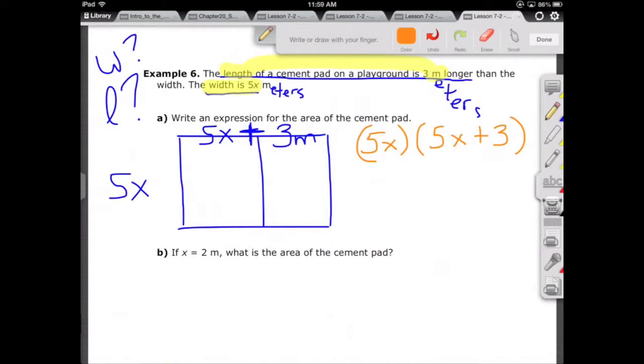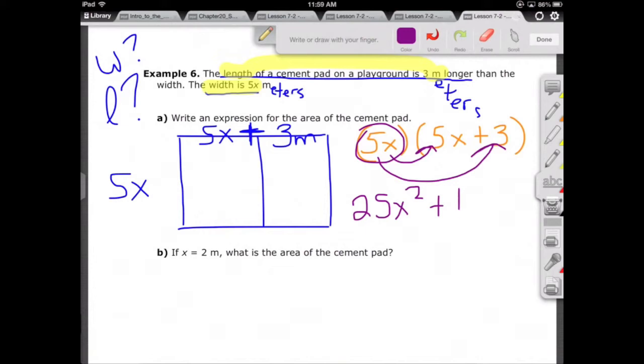So we've got the distributive rule that we need to take care of here. So first multiplication and second multiplication. Good for your answer, which should be 5 times 5 is 25, x squared plus 15x. Okay, so there we go.